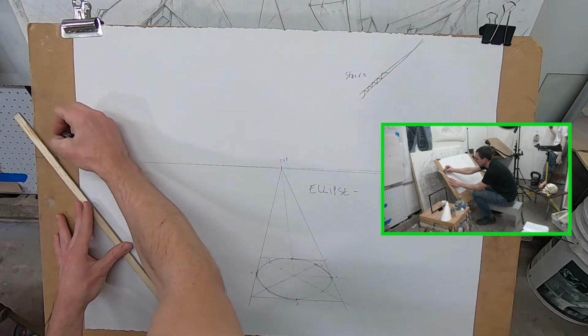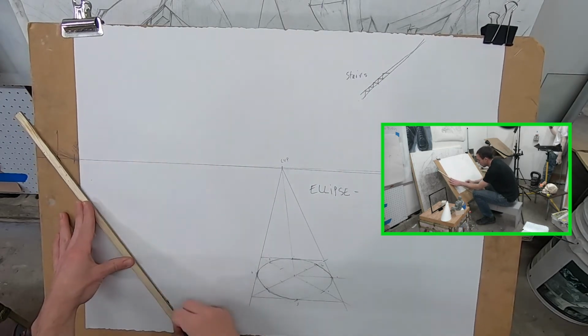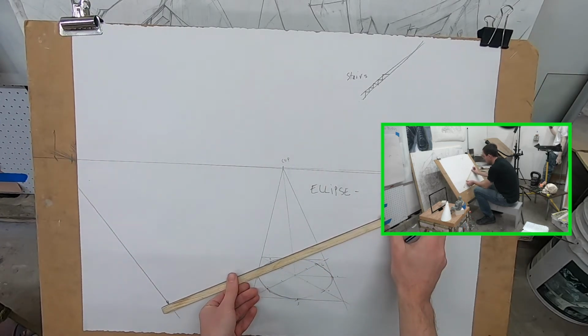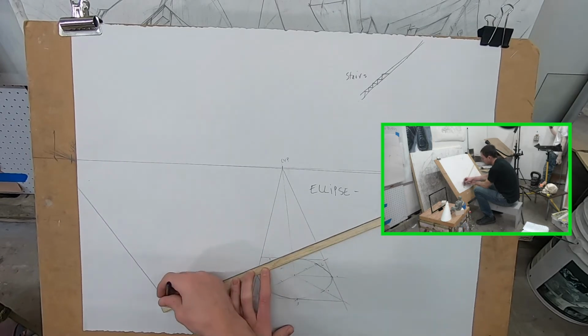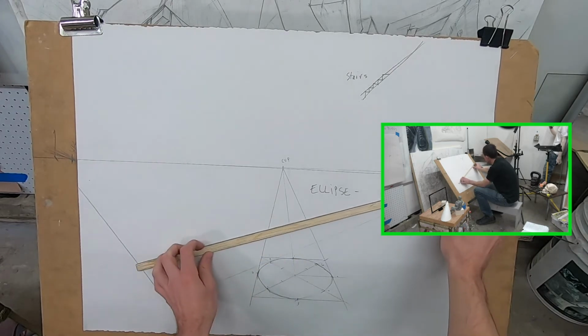And let's mark out our... So first we're going to start with that ground square in 2-point perspective. Do this kind of light.